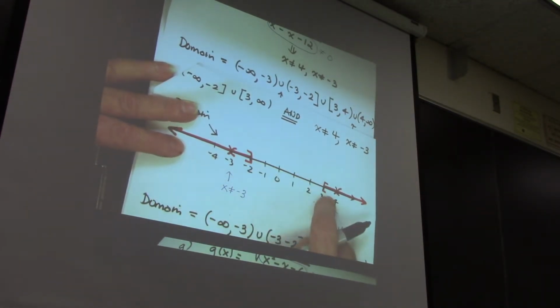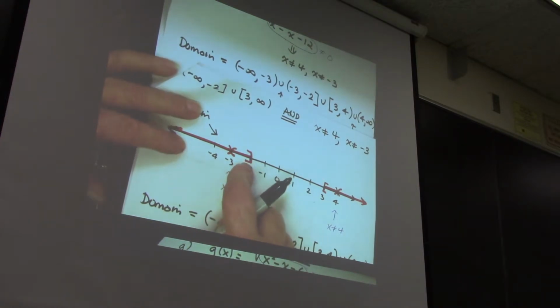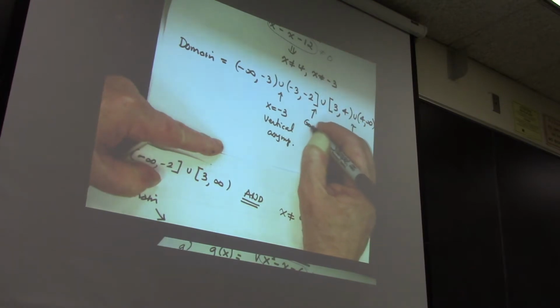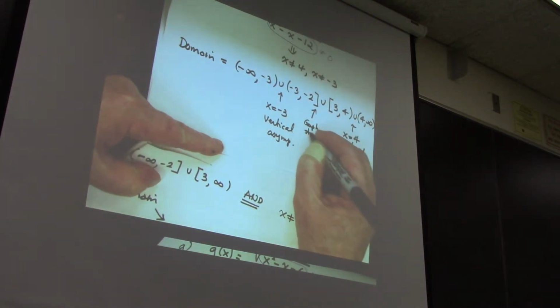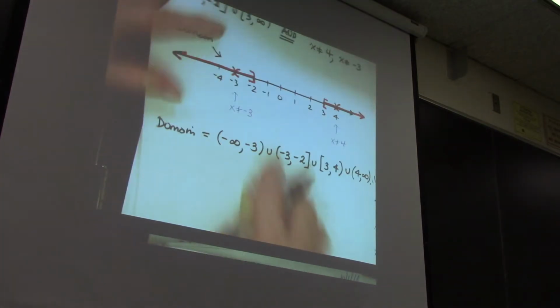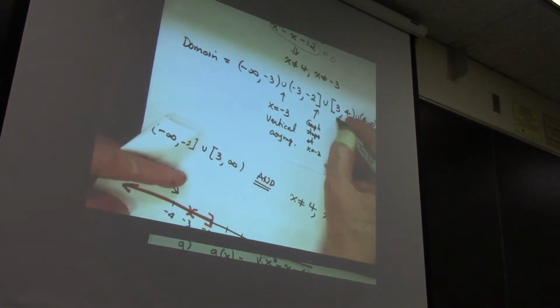So on that interval is completely empty space there. And that means at negative 2, my graph is going to stop. Okay, so my graph stops here. And then nothing goes on until 3. My graph starts up again at 3.